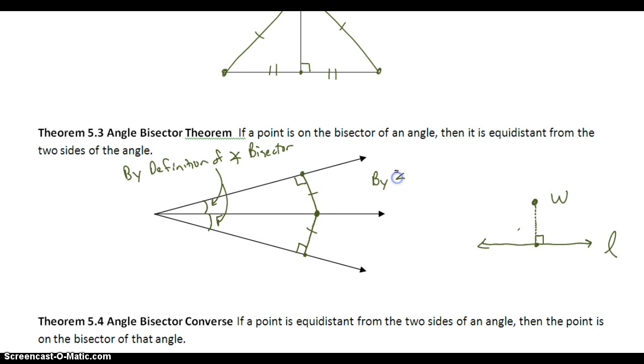So it's the angle bisector theorem that tells me this is true. I have a point and it is equidistant from either side. And it's any point. So if I have a point here, that distance to either side will be equal.